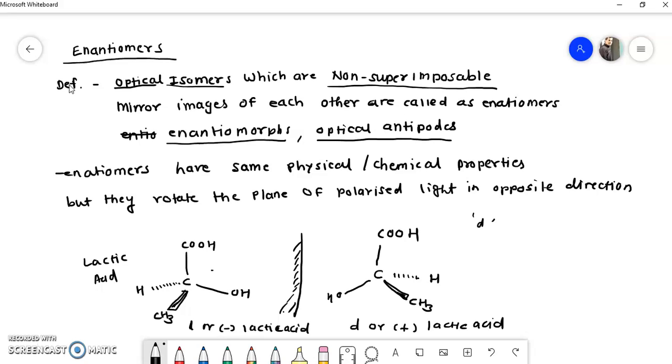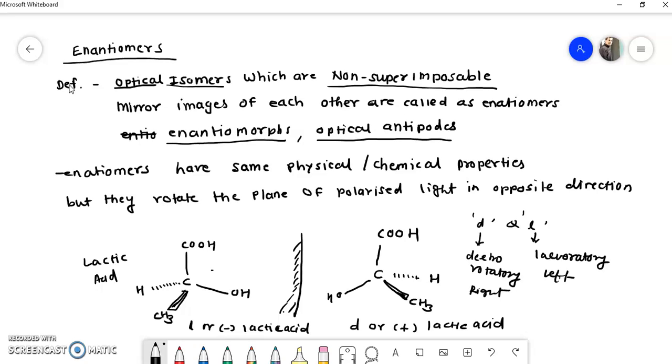Small d and small l, these are the notation to represent the specific rotation. Small d means it is dextrorotatory, that means this compound rotates the plane polarized light towards right, and L stands for levorotatory, that means this compound rotates the plane polarized light towards left.